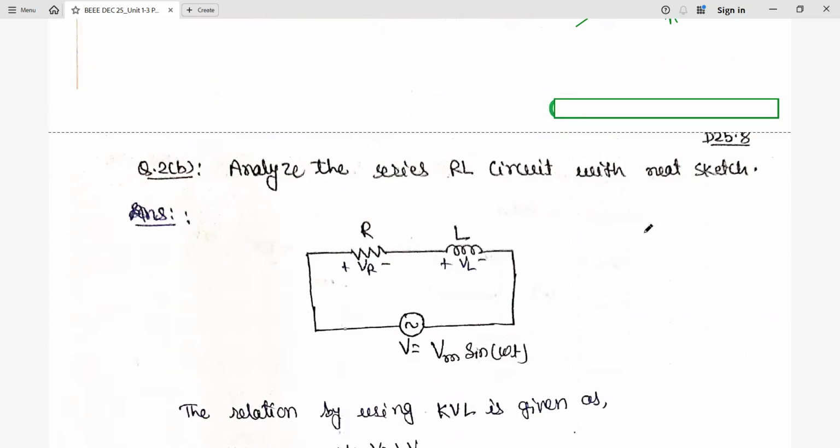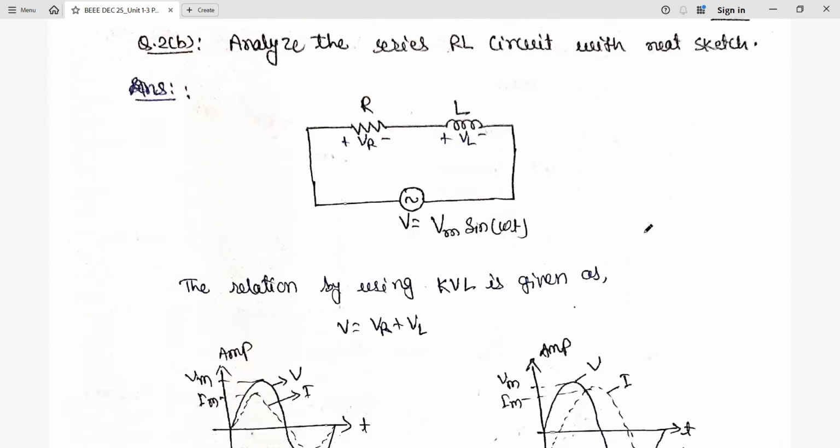Next, the second part of this is to analyze the series RL circuit with a neat sketch. Here RL means resistance and inductor, both connected in series, and an AC source Vm sin omega t is considered. The voltage across the resistor is VR, and the voltage across the inductor is VL, which is L into di by dt.